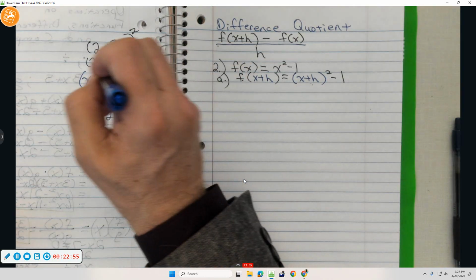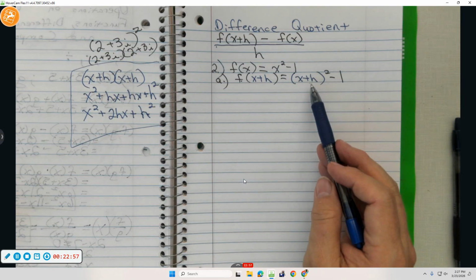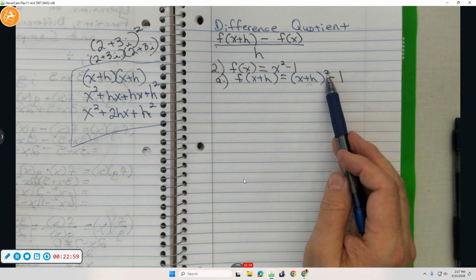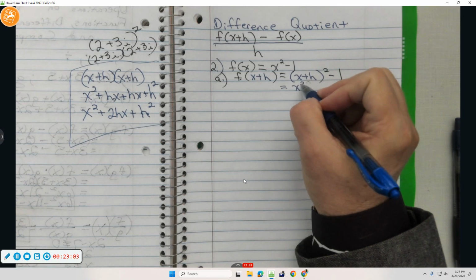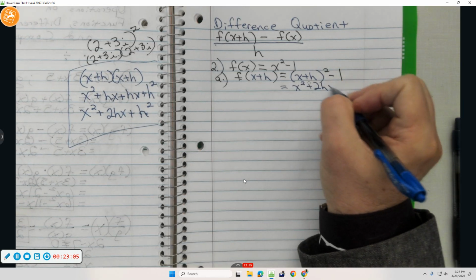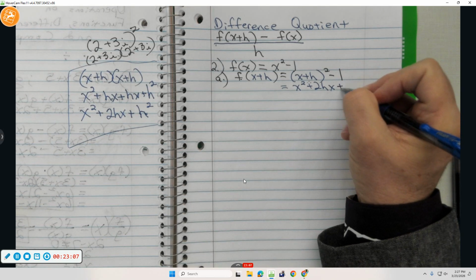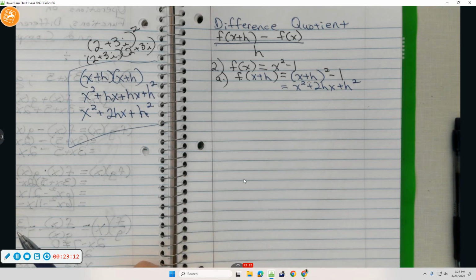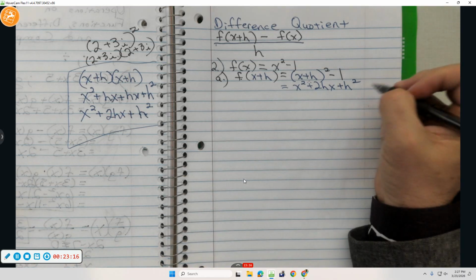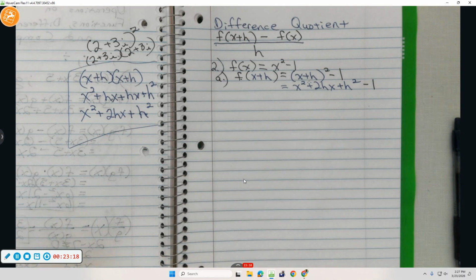Here's the scratch work justifying that x plus h quantity squared is equal to x squared plus 2hx plus h squared. What else do I have stuck on there? Minus 1. Any questions on my logic there?